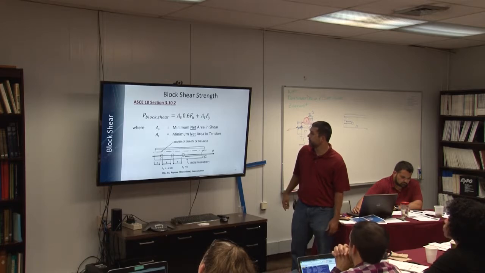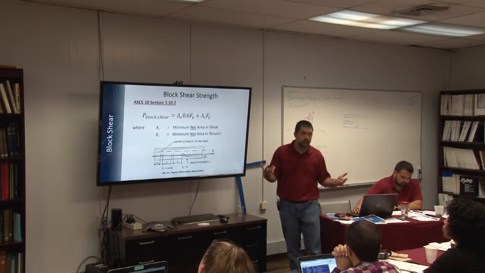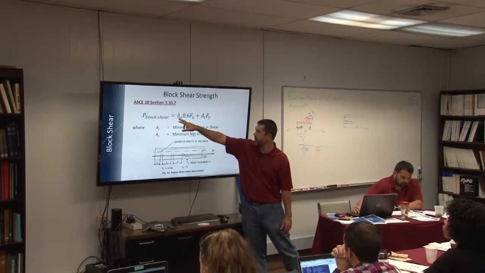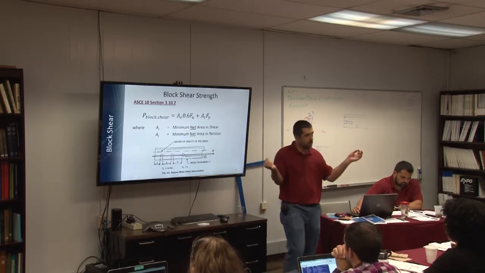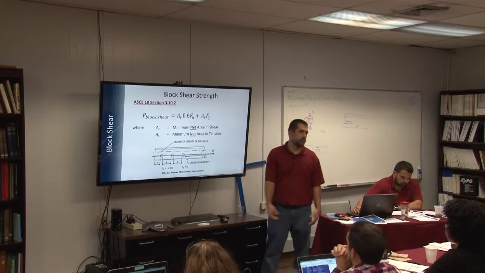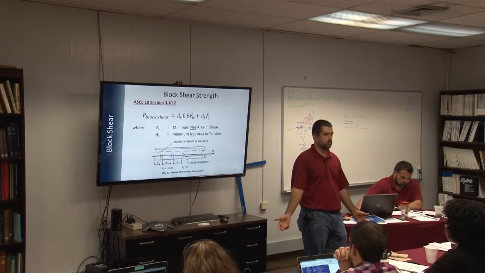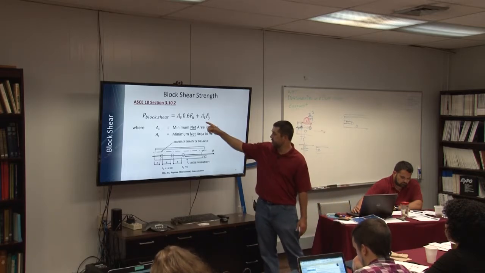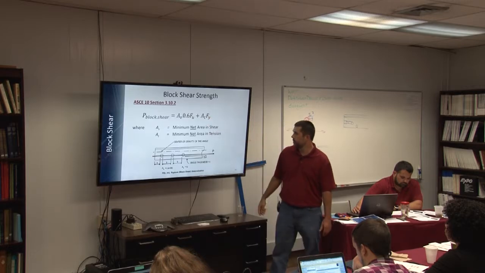So you go to the next one. What's our code say about this? Pretty simple. You have to calculate a shear area, so the area of the member in shear, multiplied by an ultimate shear strength, which is 60% of the ultimate tensile strength. Very common conversion between tension and shear. And then the tension area times the yield strength.